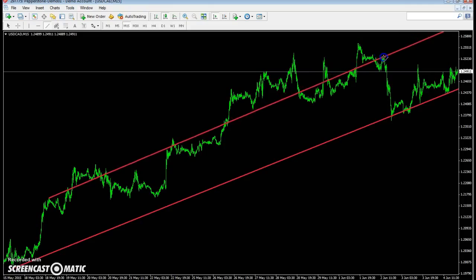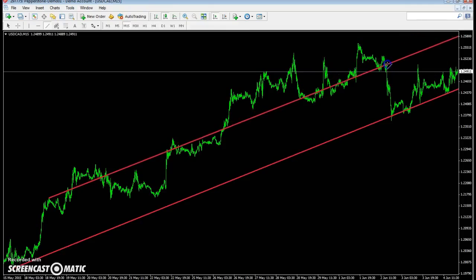Maybe not, unless it was right here, which it could be, but it would be a little more narrow. Yeah, I think we'll just leave it at this one right there. That's pretty much the channel it's in, going from the lows to the lows, and then drawing the high one as well.